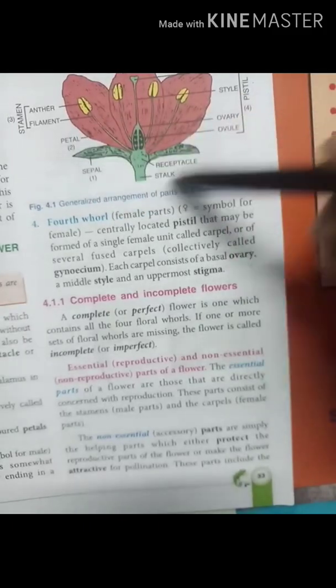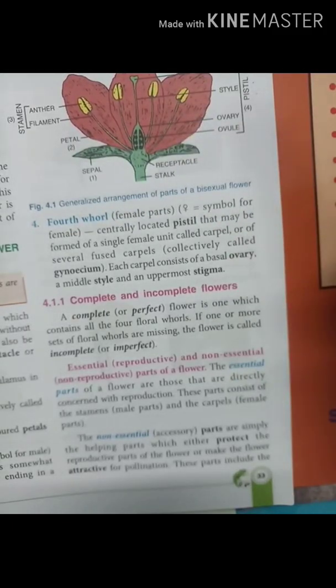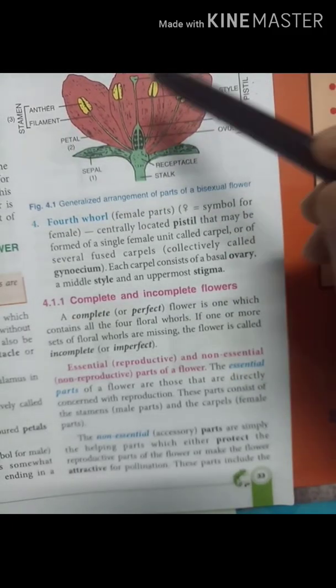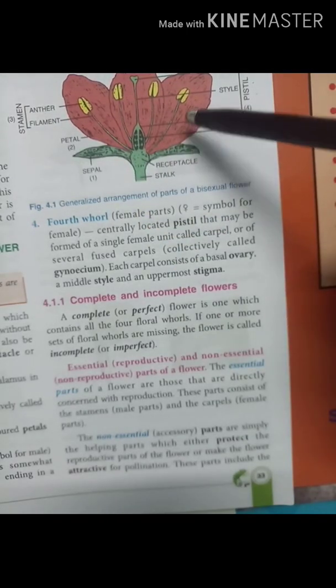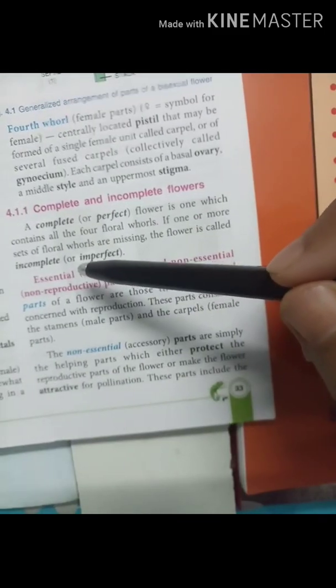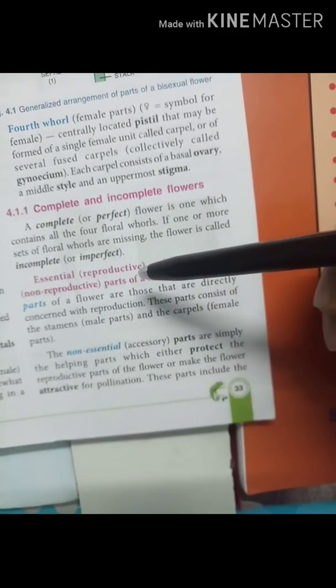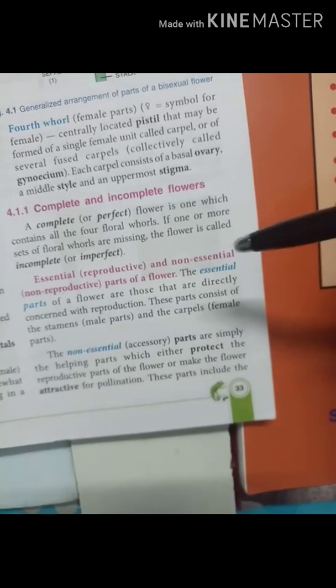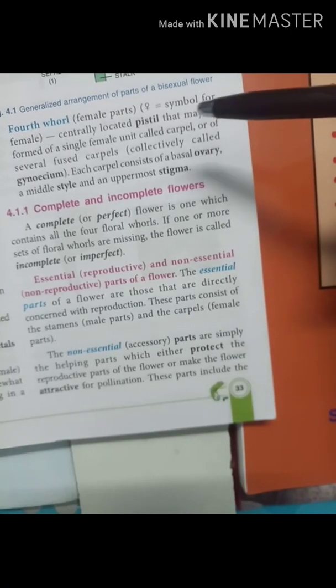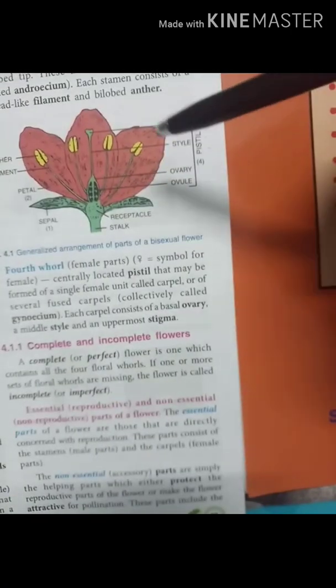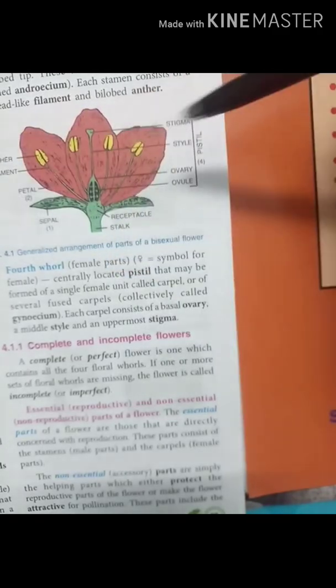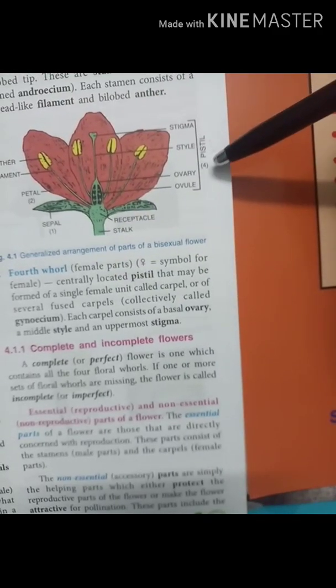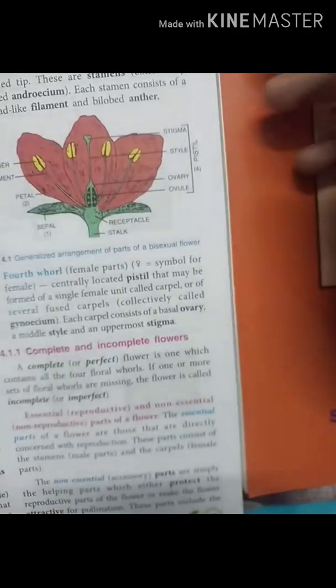Now, out of the four floral appendages, pistil, stamen, petals and sepals, some are said to be essential and the rest are known as non-essential. For example, in this flower, stamen and pistil are the essential or reproductive parts.